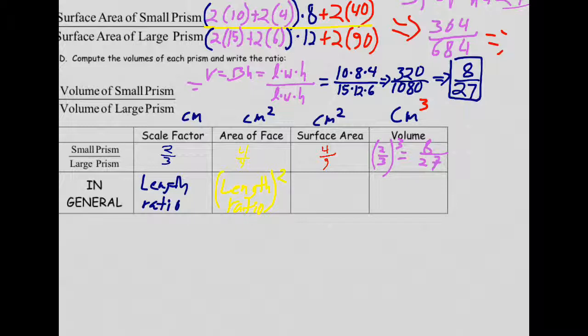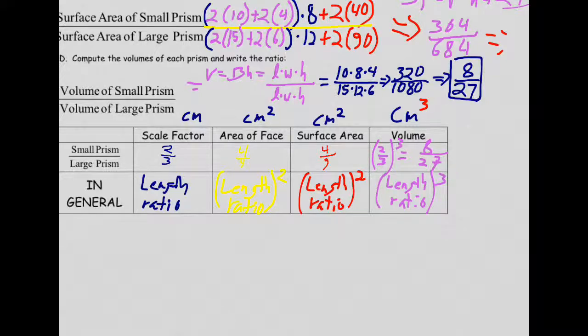To do the whole surface area, length ratio, good, squared, it's the same. And then to do the volume, cubed. Yep.